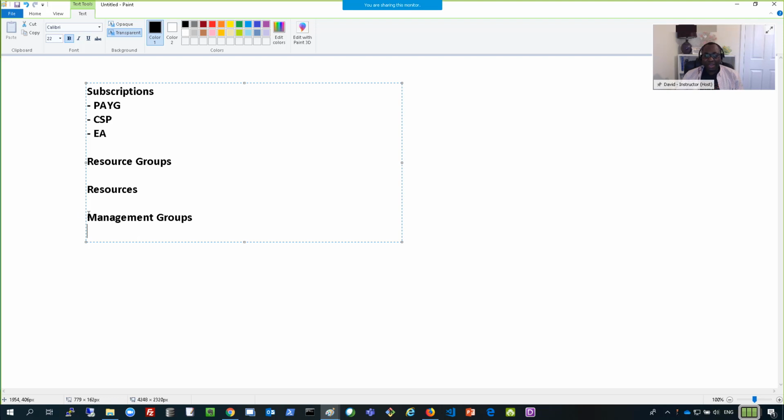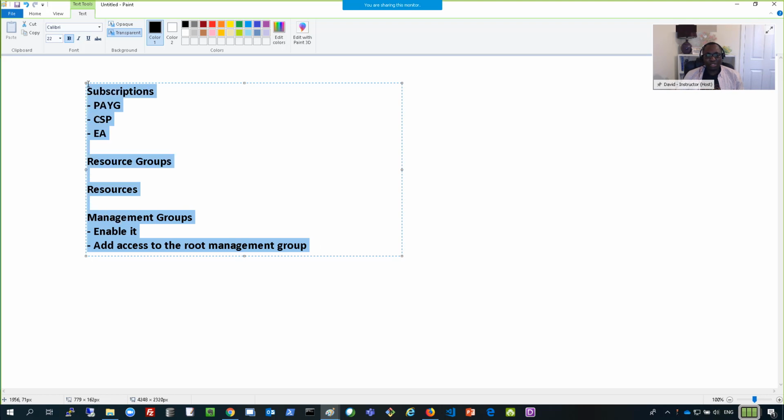By default, management groups are not enabled, so number 1, you first have to enable it. Number 2, you need to add access to the root management group. We'll cover this in much more detail, and talk about how we can use this to establish governance.